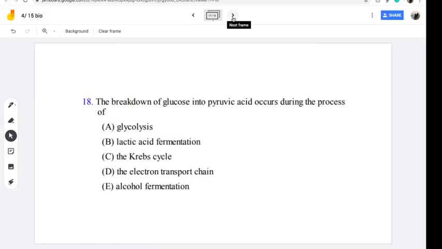Okay, so we have 2 more questions to go. This one asks, what is the process that breaks down glucose into pyruvic acid? Well, this is quite simple. I bet you guys can figure it out, so I'll give you about 10 seconds.